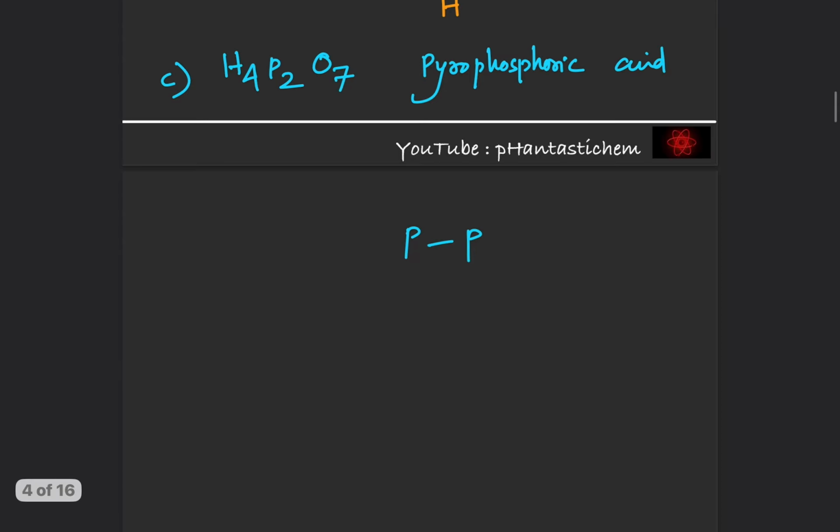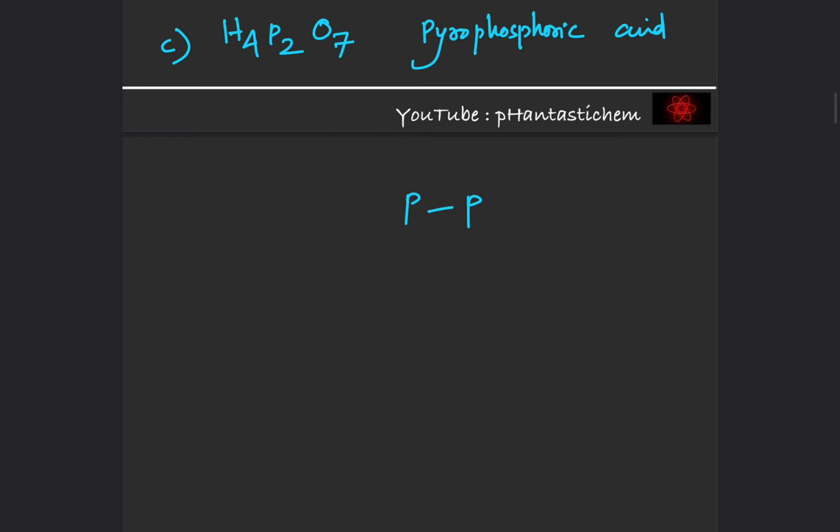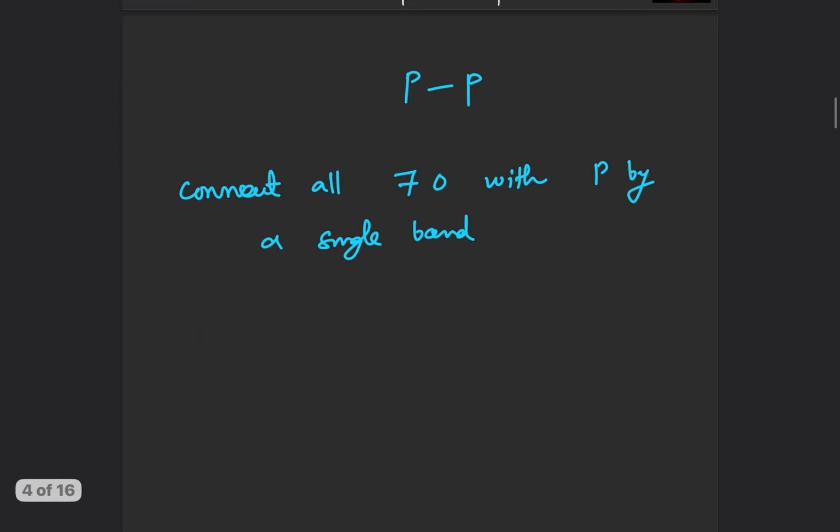So first you make a P-P connection, and then you connect all 7 oxygen with phosphorus by a single bond. So this will look something like this. So we will have P single bond P and 7 P single bond O bonds.